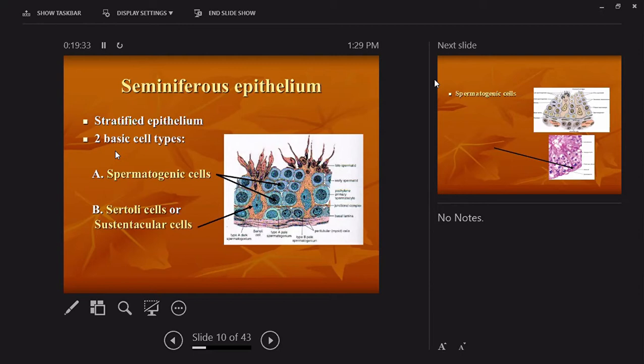So they supply the nutrition to the developing cells. This is very important. In the development of your sperm, from the base, they are the most immature, called spermatogonium. As they grow, you will have your primary spermatocyte.